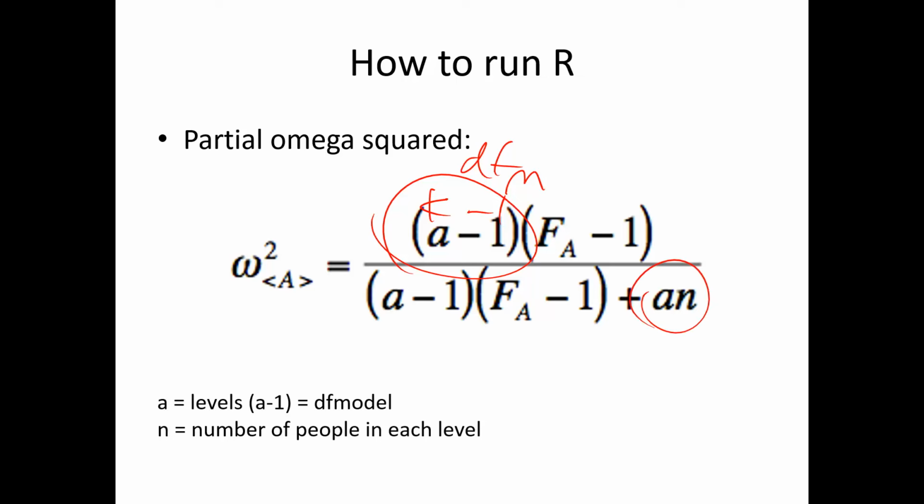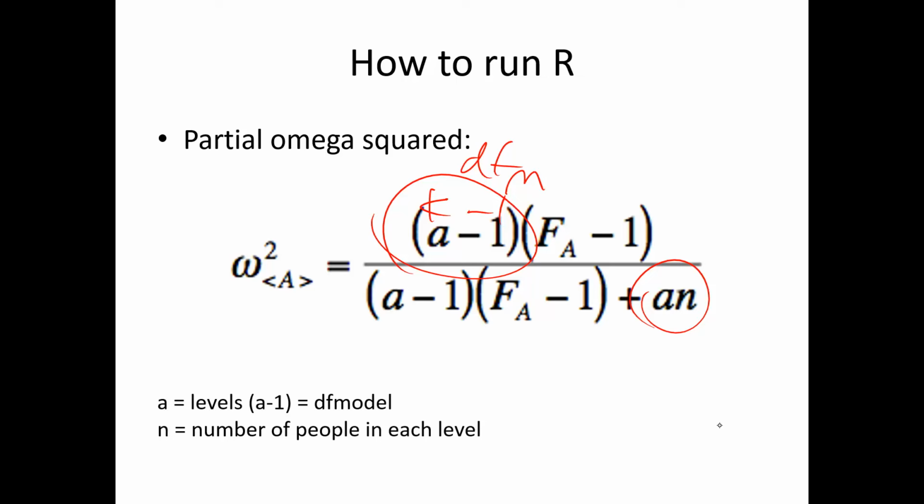This here is a tricky part because A is the number of levels, and N assumes that you have equal people in each group, which is kind of problematic in the real world because that doesn't always happen. But you can always use the harmonic N, which is the average N across all of your groups if they aren't equal.